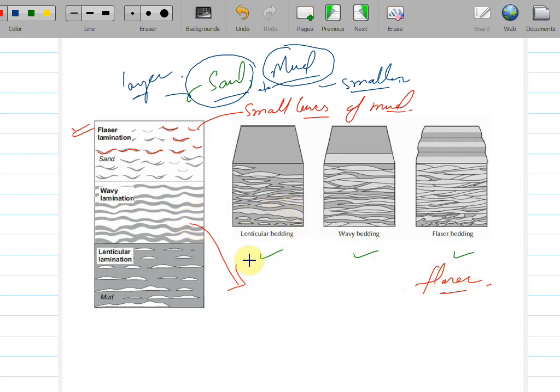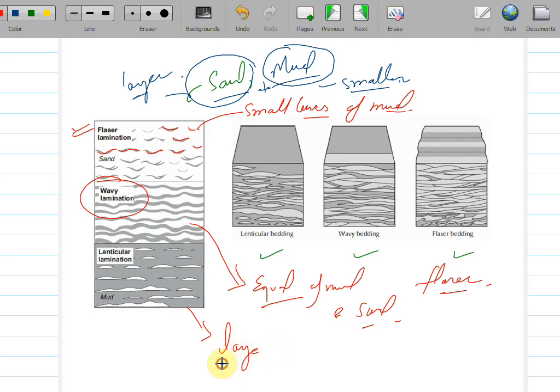If there is equal amount of mud and sand, then it is called wavy lamination. Okay, now remember the term here, lamination. Most of the time the beds you will see here are centimeters in size. Rarely you have bedding. And then if you have a large amount of mud, then you will have lenticular lamination.